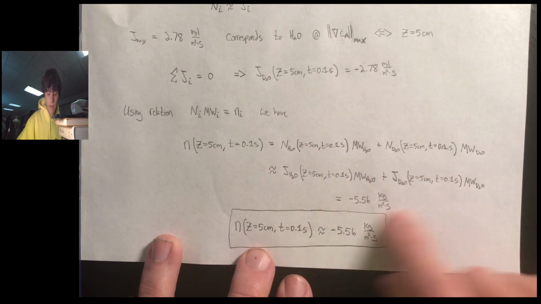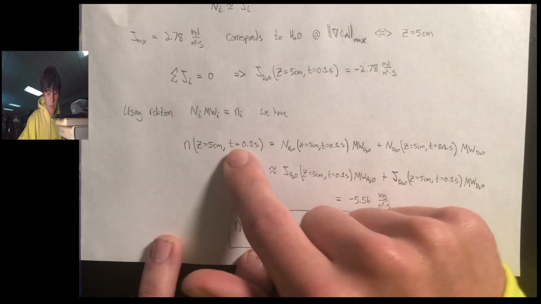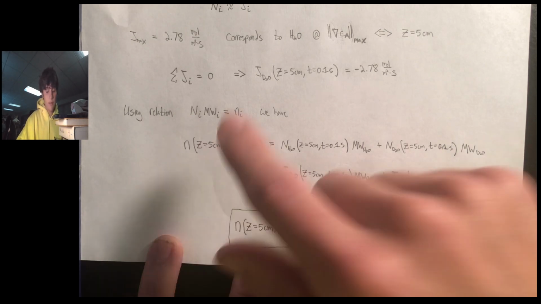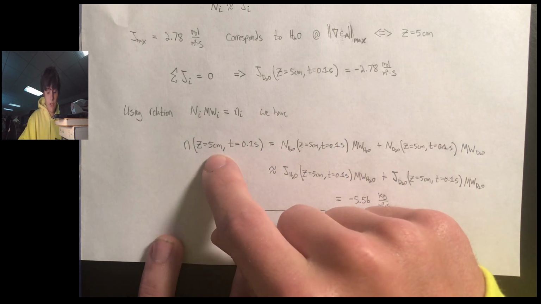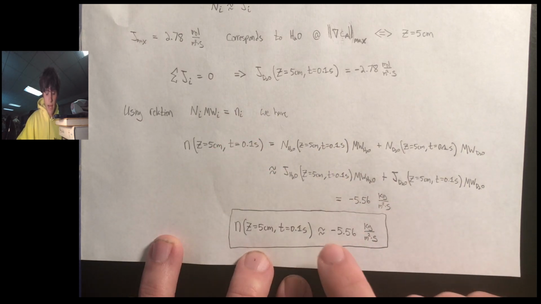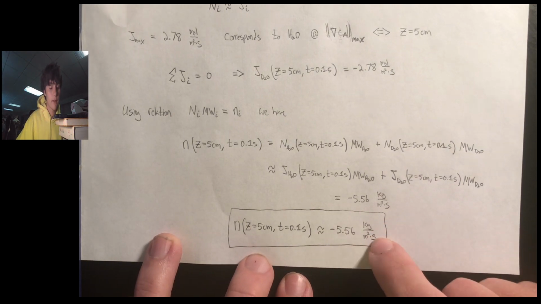And when we put all that together, we get that the overall mass flux corresponding to the maximum molar diffusion flux, meaning at the same position and same time, is equal to negative 5.56 kilograms per square meter per second.